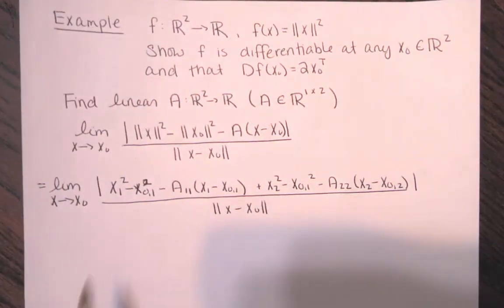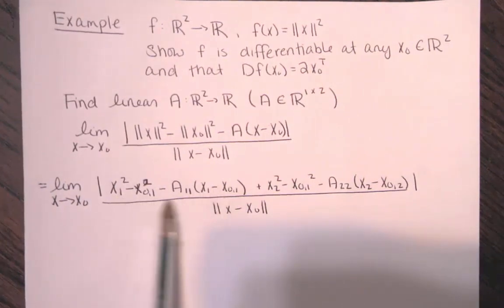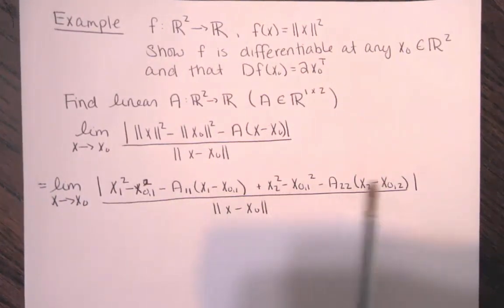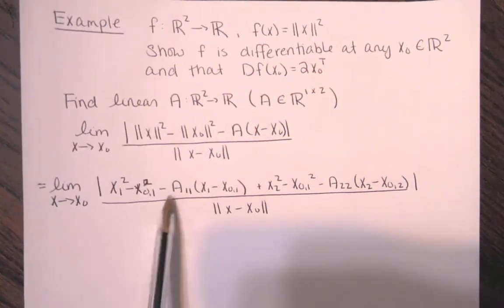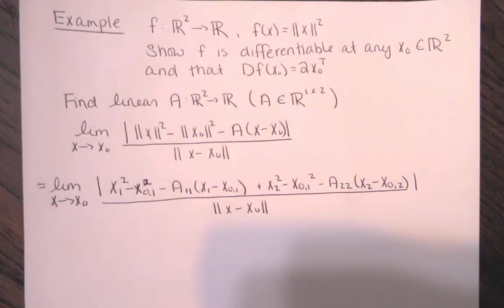Okay, so I rearranged to have all the first entries here and the second entries here. Now why did I do that? Well, I wanted to give some intuition of where A11 and A22 come from.